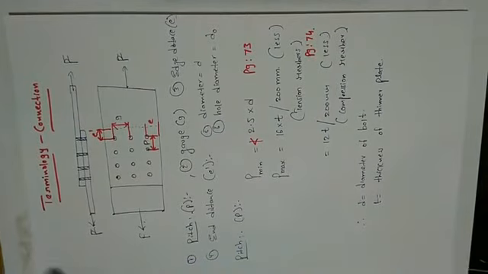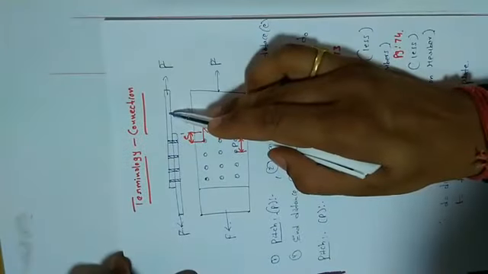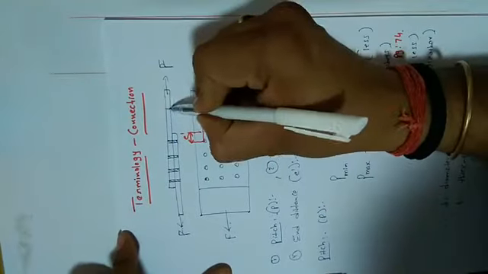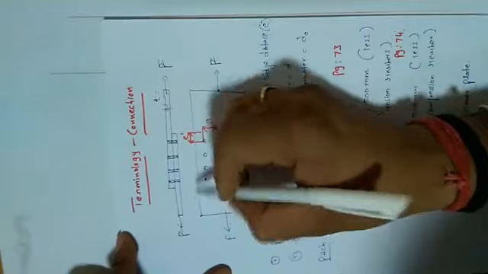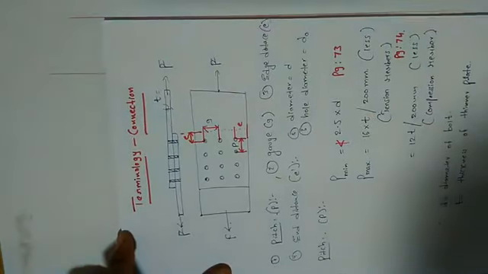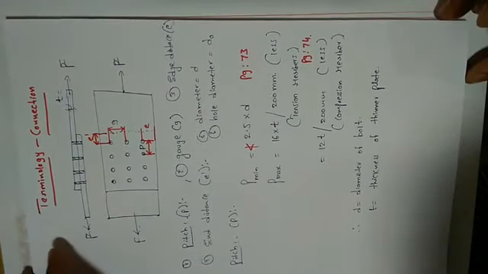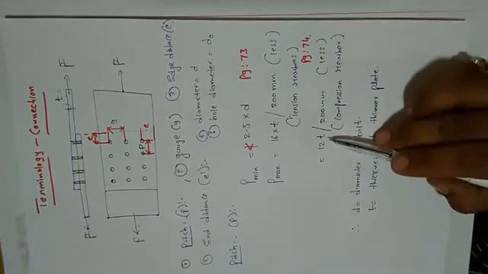Plates will have a defined thickness. If the thicknesses are different, you need to take the minimum thickness value. If the thickness is the same, you can take that value. But you have to take the thickness of the thinner part, not the thicker part. That is what T means.